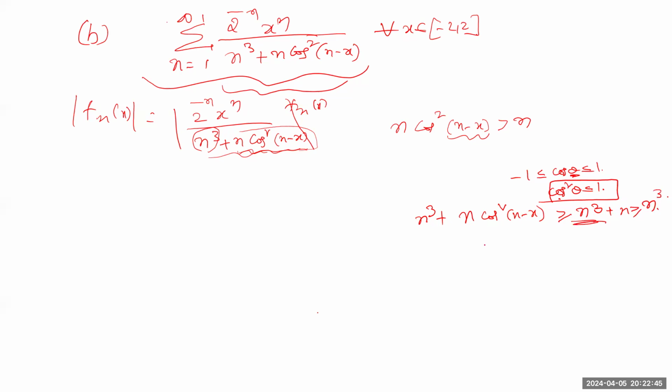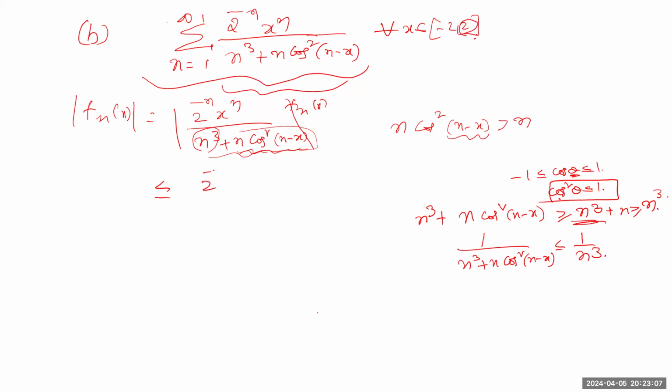So what happened? 1 over n cube plus n cos square (n minus x) is less than or equal to 1 over n cube.